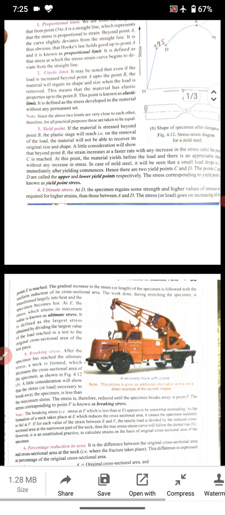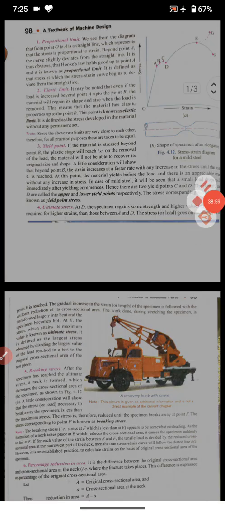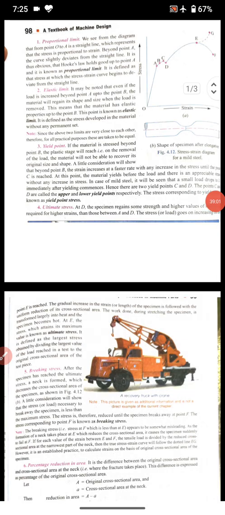You may use a cylindrical specimen or a rectangular specimen, but in the case of rectangular, the length upon width ratio is important, L upon W ratio, and in the case of cylindrical, L upon D ratio is important.